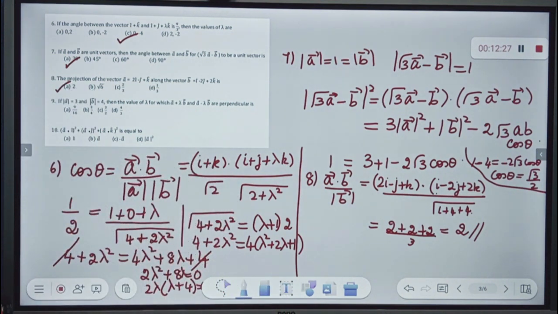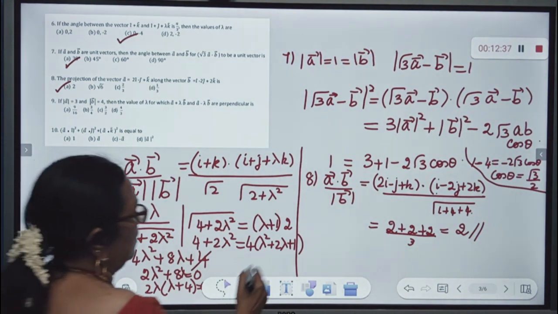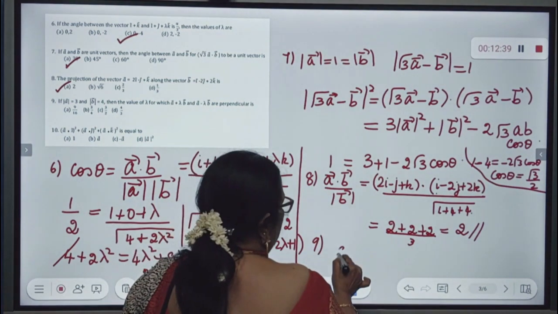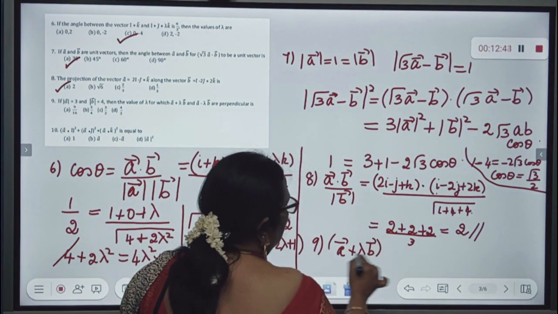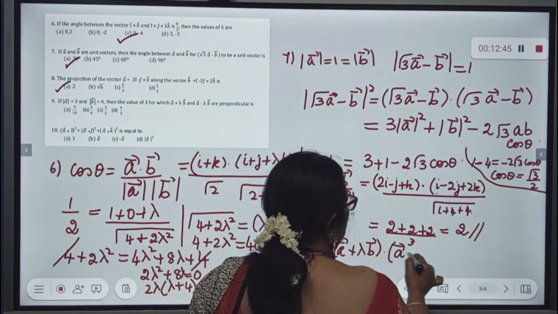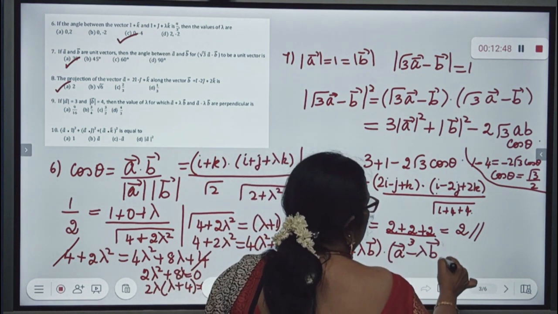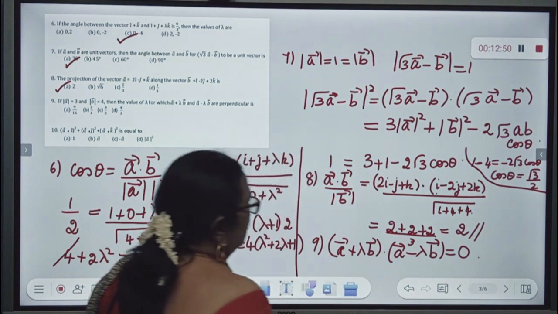Next question, if modulus of A vector is 3 and modulus of B vector is 4, you have to find lambda for which A plus lambda B and A minus lambda B are perpendicular. That is A vector plus lambda B vector dot A vector minus lambda B vector equal to 0.